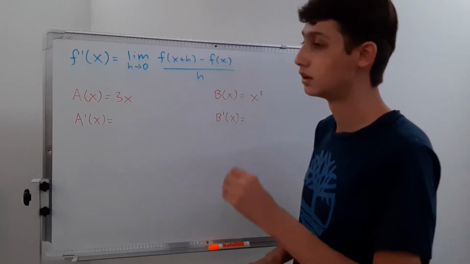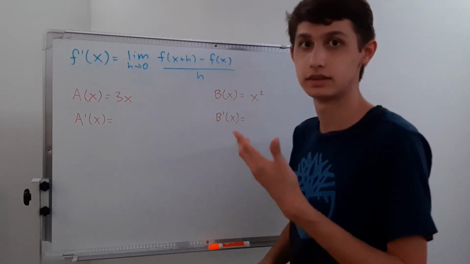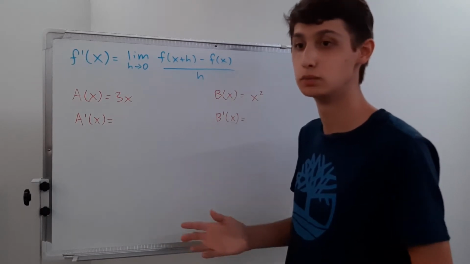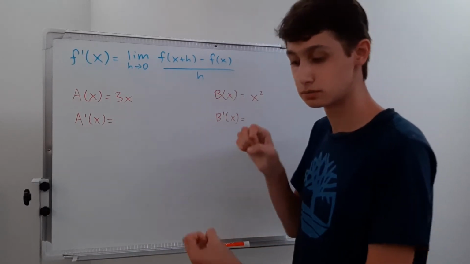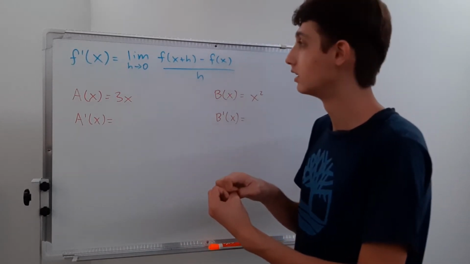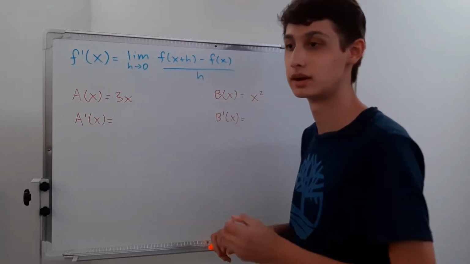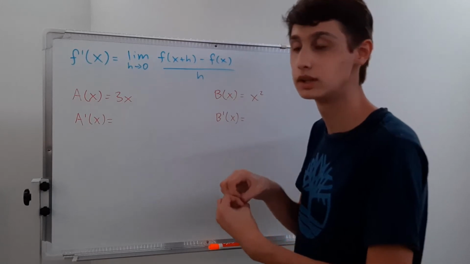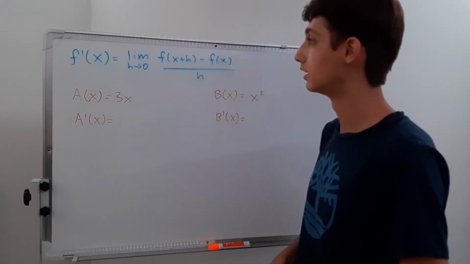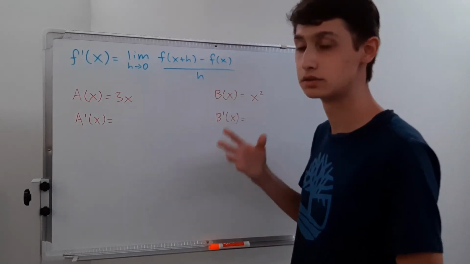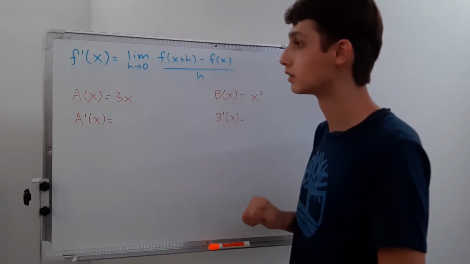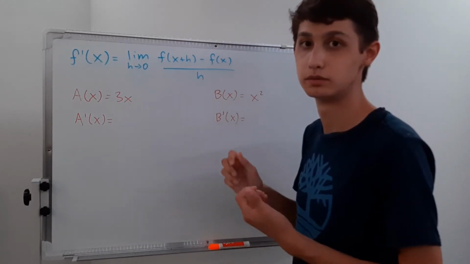And so you can't technically find the slope of a point, you need 2 points. But if you put the points really close together, this is what h is. H is basically 0, but a little bit bigger. And so you're putting those 2 points really close together, and as h goes to 0, that little fraction is going to be small.